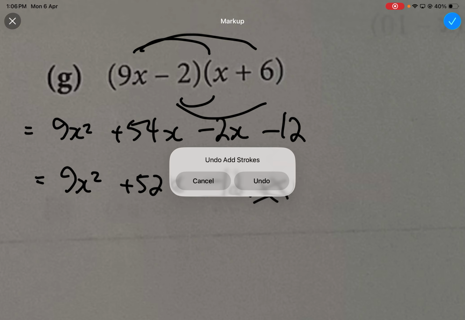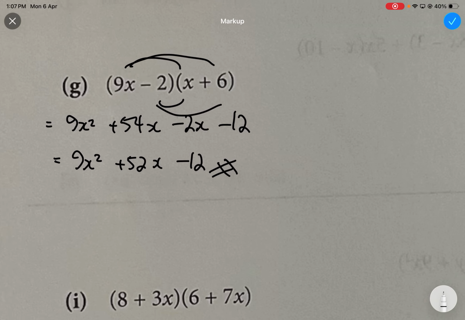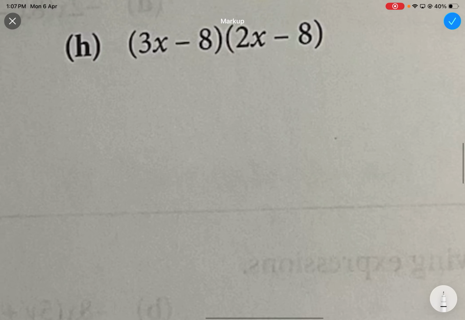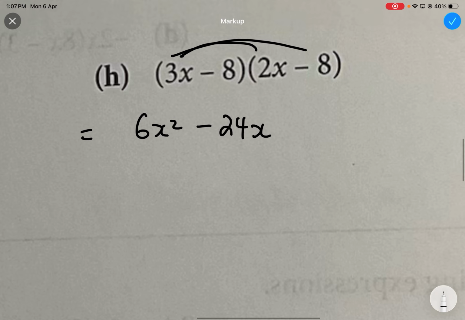Okay, part G. Part H. Positive times negative, negative. Negative times positive, negative.